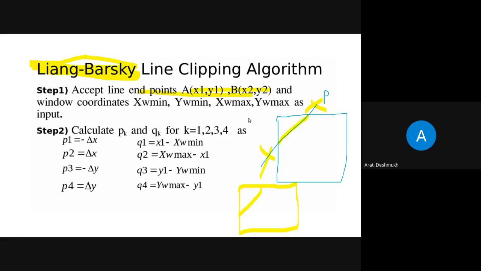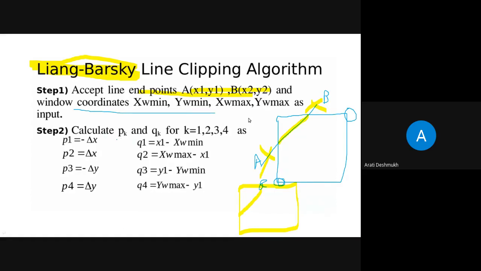This is B and this is A, the two endpoints of a line. Then read XW minimum, YW minimum, and XW max, YW max as the input. The first step is to read the two endpoints of a line and two endpoints of your window.